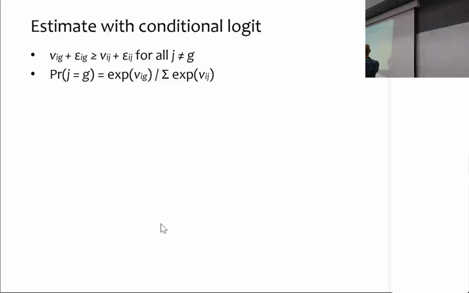If you assume Gumbel, then the probability of choosing G is this expression here. It's the exponent of your deterministic utility, and whatever you choose to include in there, income, age, whether there's a kiosk, and so on and so forth, divided by the sum of the exponents of all alternatives, right?